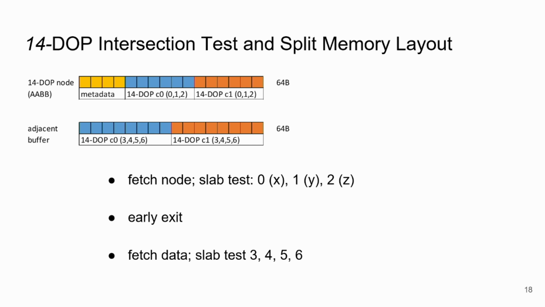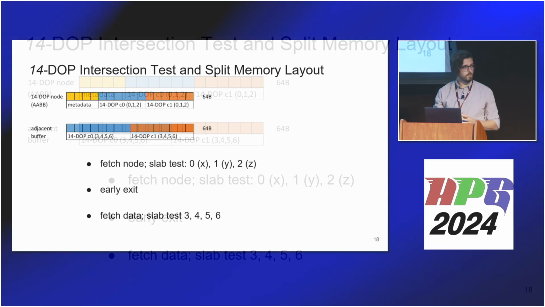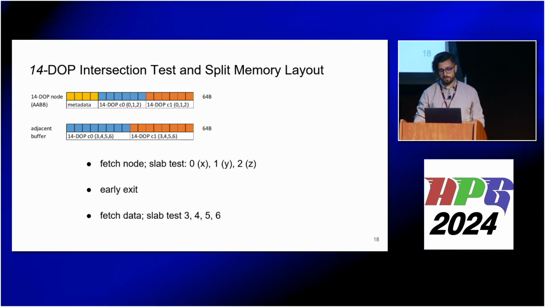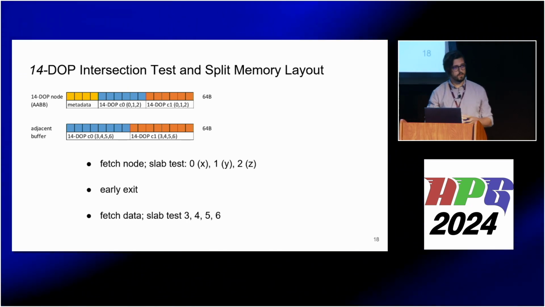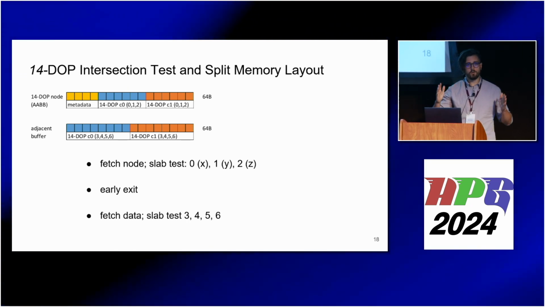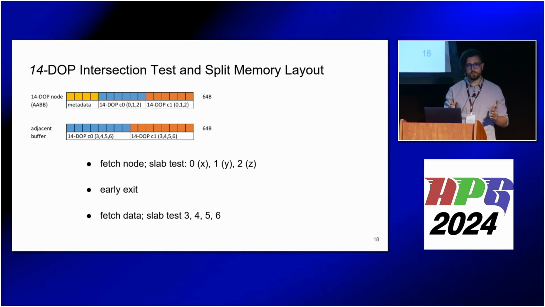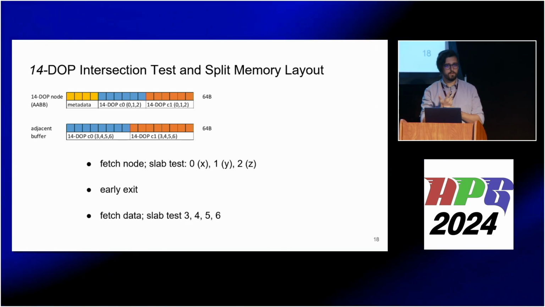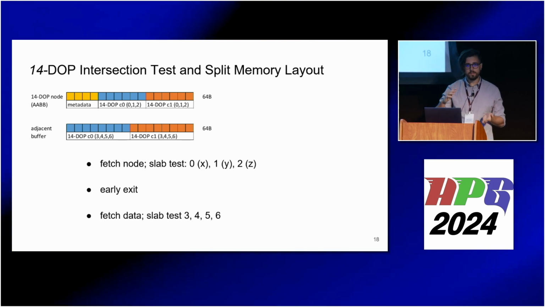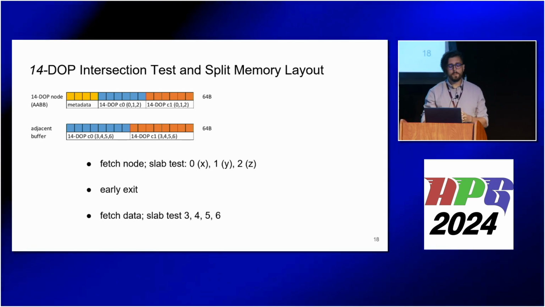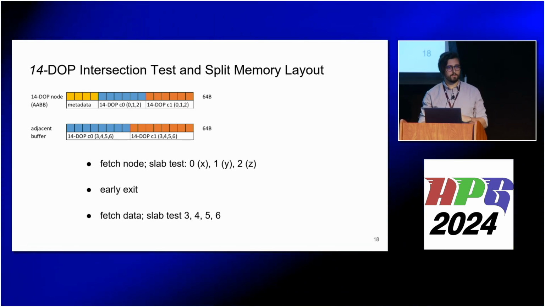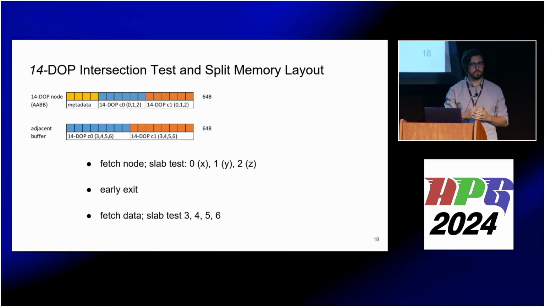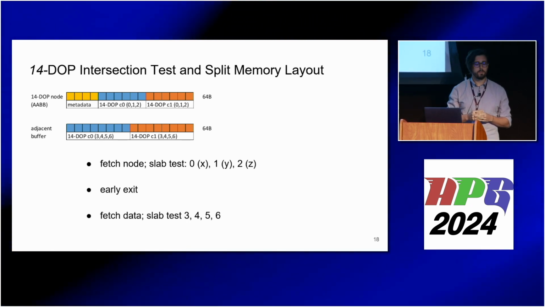And with this structure of an intersection test, we came up with another condition for an early exit, based on the following idea. If you introduce more and more constraining planes into your polytope, so an AABB has 6 constraining planes, a 14-DOP has 14, the more planes you introduce, the greater the probability they become redundant.